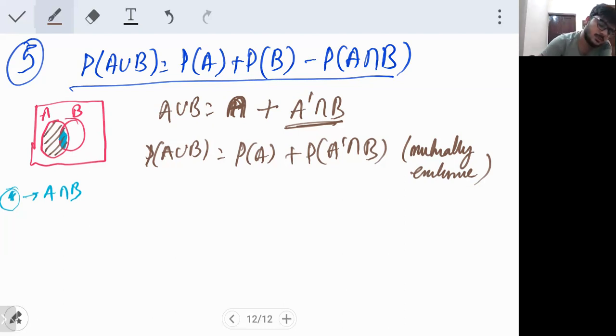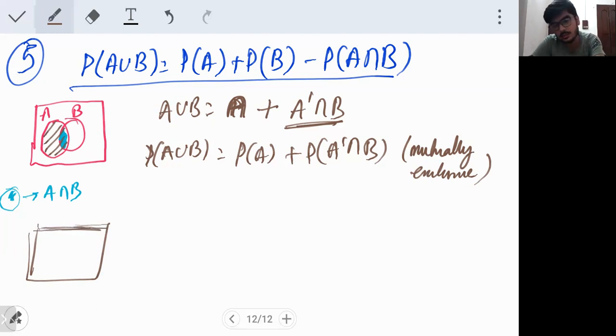Now for this purpose, we need to draw another Venn diagram. And how to make that? Like this. There is a Venn diagram, right?